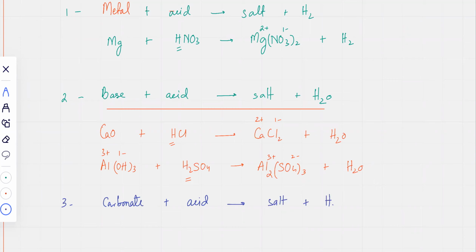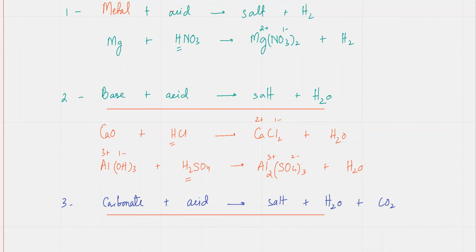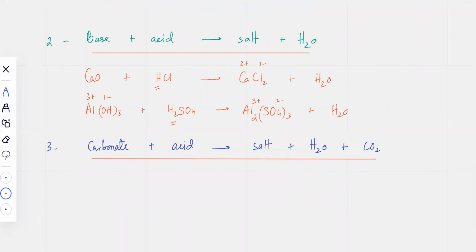So inside there would be salt, water, and a carbon dioxide molecule that's going to be produced as well. In that case, the reaction was that you had, let's say, sodium carbonate, Na is +1, CO3 is -2, so it's going to be Na2CO3 plus, let's say, H2SO4.